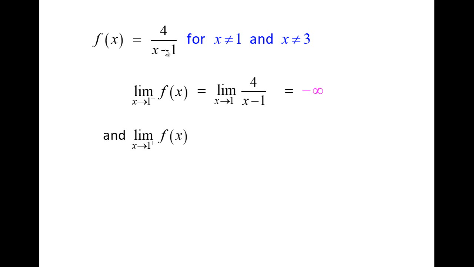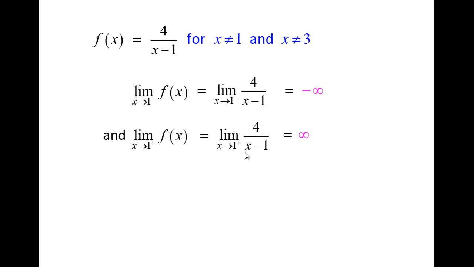On the other hand, when x goes to 1 from the right hand side, then this fraction would be positive, because now x is bigger than 1. The denominator still goes to 0, so this is going to go to positive infinity. Again, that's because we are dividing 4 by numbers that are getting closer and closer to 0, numbers like 10 to the negative 80, 10 to the negative 900, and so on.